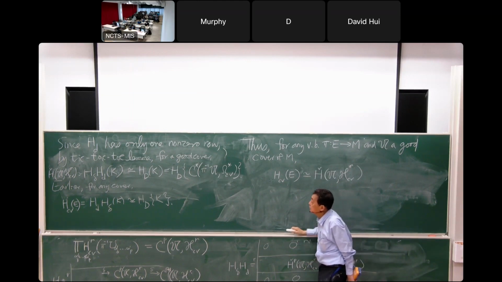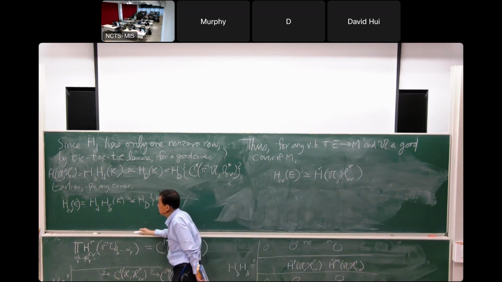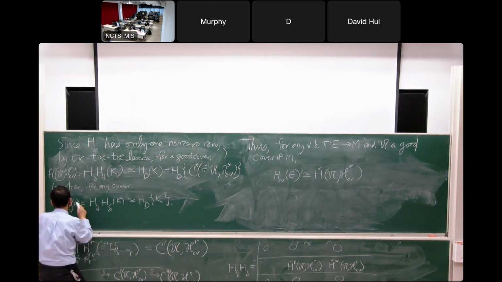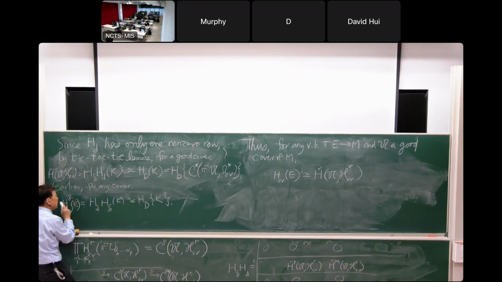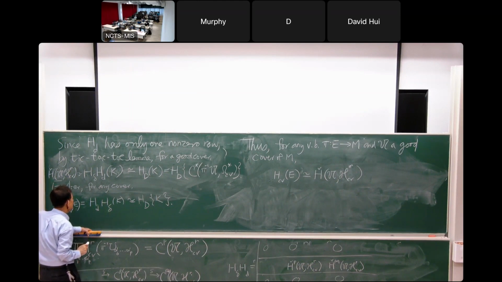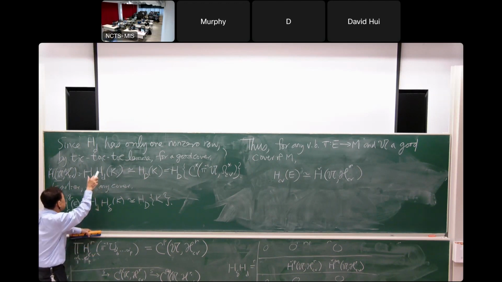Now, the degree should correspond. So let's say we want degree Q here. H delta has only one non-zero column, right?